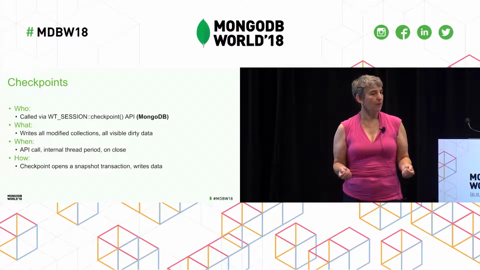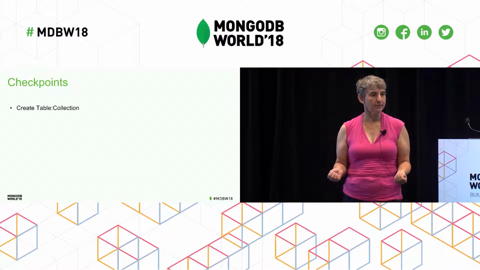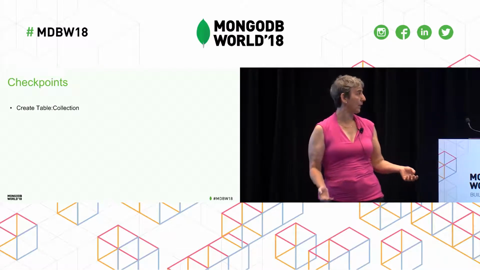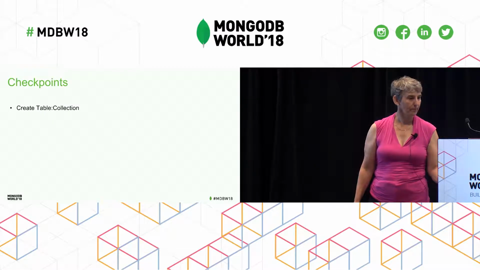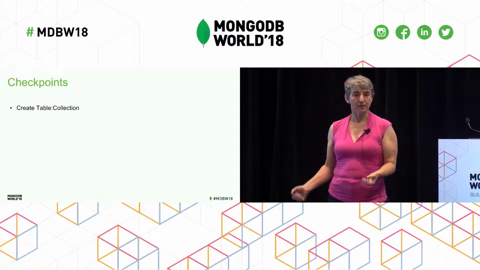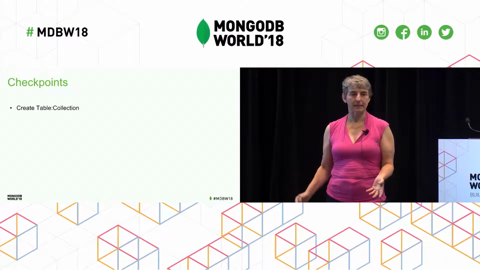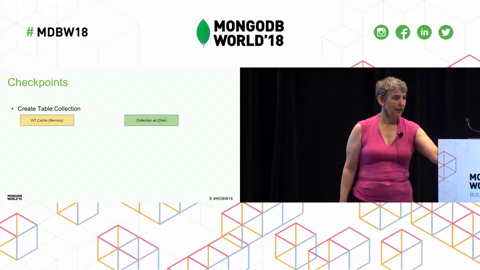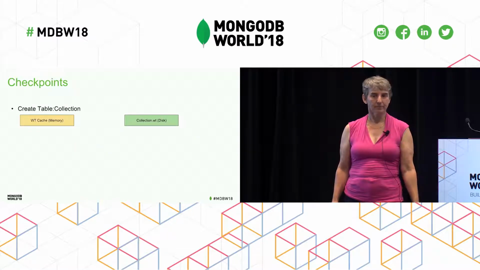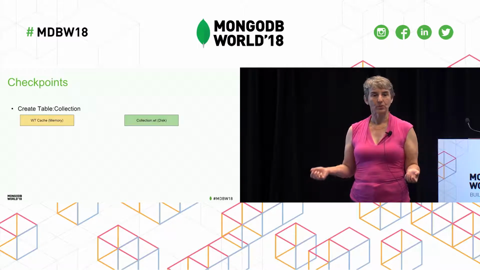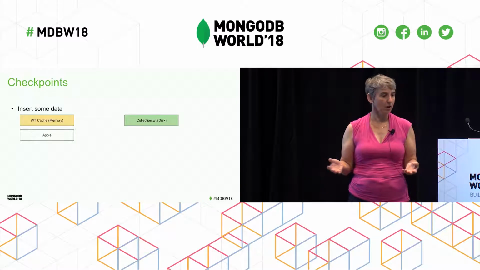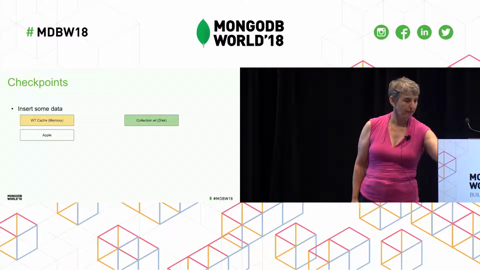So now let's take a look at what happens inside on disk and in the WiredTiger cache. We have an empty system, and we create a collection. The file itself gets created, but there's not yet any data. So let's say we have a fruit collection, and now we insert some data. This data is actually going to stay in the WiredTiger cache until some external force causes it to get written out to disk.